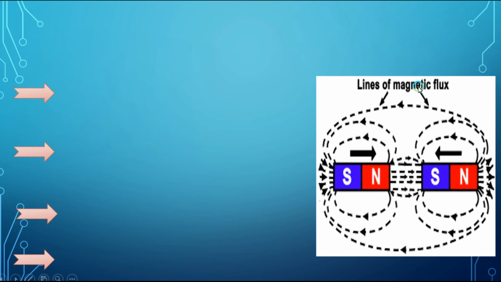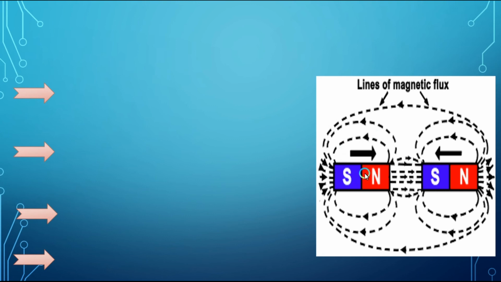So all of this is called what? A magnetic field. In the magnetic field, there are some lines here. You should know that the magnetic field passes from the north directly to the south.